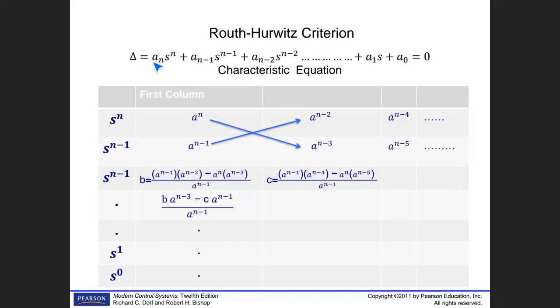If you have a characteristic equation equal to this, an times s to the power n, then s to the power n minus 1, and then a1 s plus a0 equals 0, you are going to put those values in a vertical line. The maximum power is s to the power n, then one down, one down, one down, until s to the power 0.